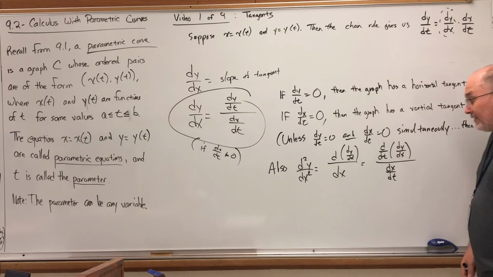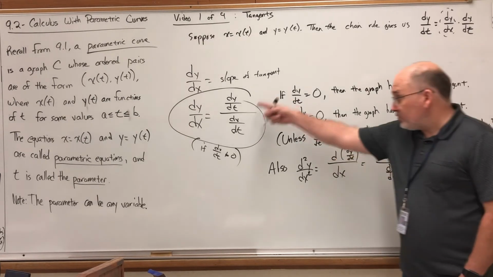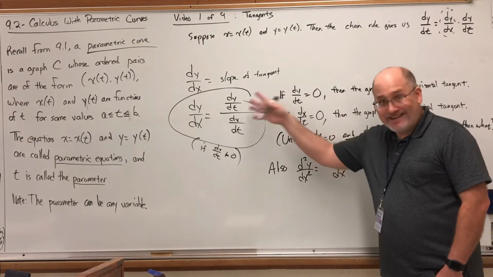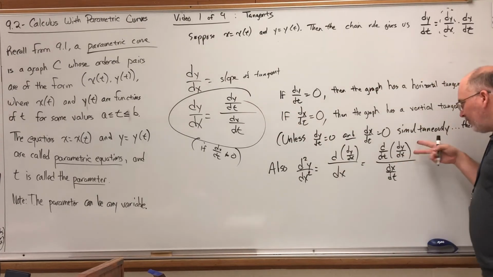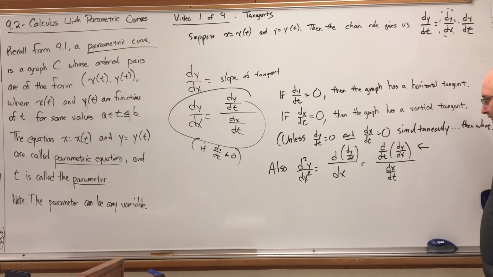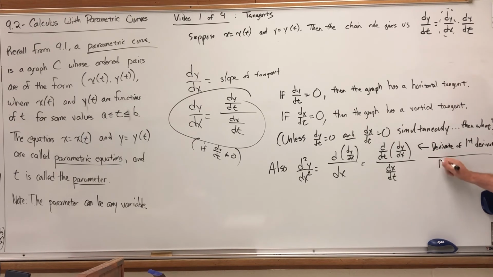So what this means is if you're finding the second derivative parametrically, and you found the first derivative using this formula, you don't find the second derivative by just taking its derivative again. Its derivative will be up here, divided by dx dt. So to find the second derivative, it's the derivative of the first derivative, the one we would have found first using that formula, divided by the derivative of x with respect to t.